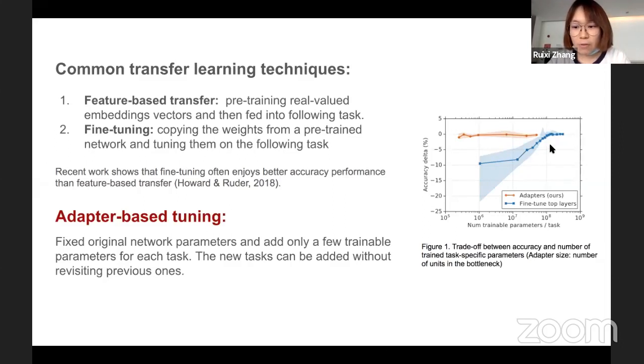As we can see, even with a smaller number of trainable parameters, the adapters can still achieve similar accuracy, but for fine-tuning, we have to increase the number of trainable parameters.